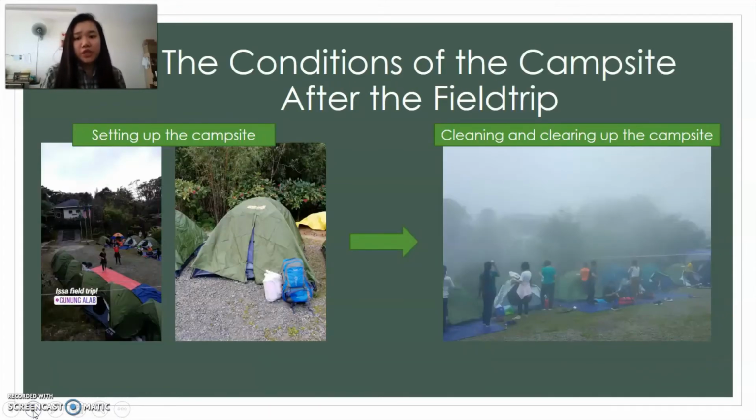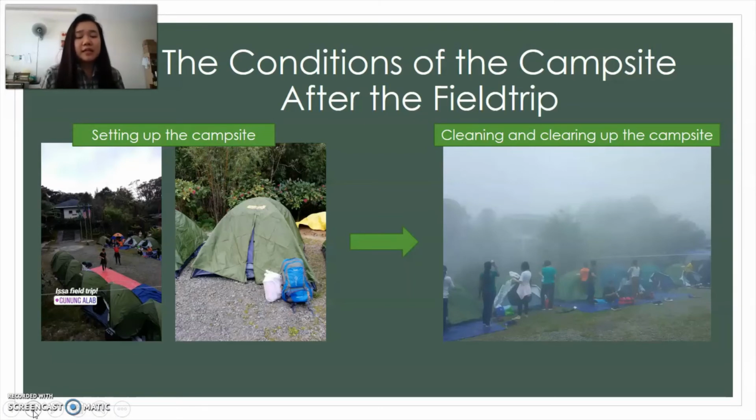I would like to now share the condition of the campsite after the field trip. The two pictures on the left are the pictures of us setting up the campsite. As you can see, this is how the campsite looks after we have set up. And after the 3 days that we were there, we cleaned and cleared up the campsite, which is the picture you see on the right.